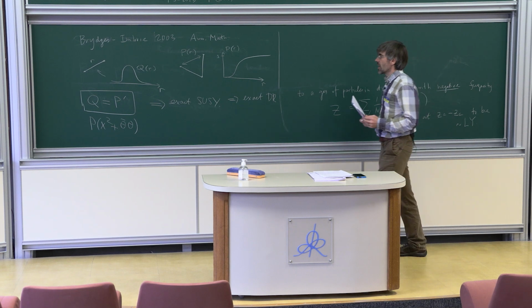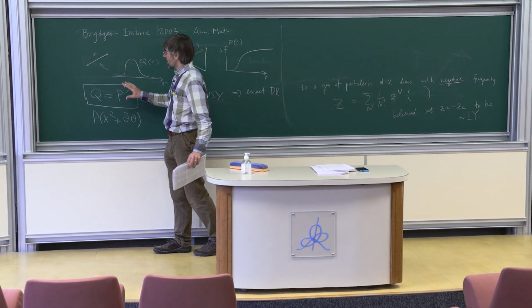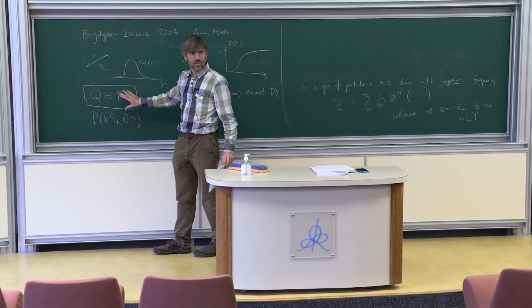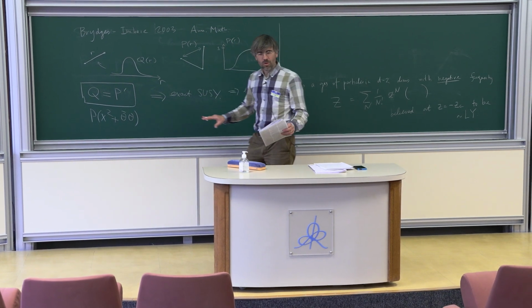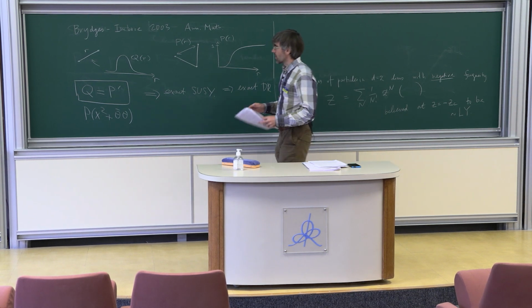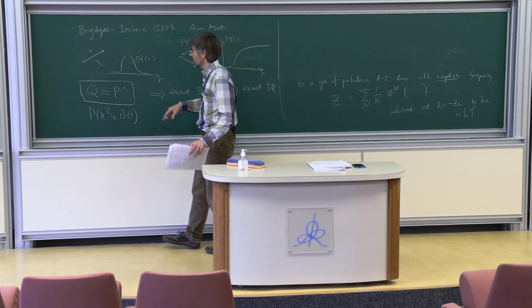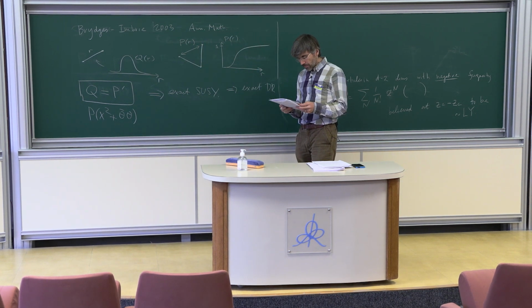And the result of Bridges and Imbrie doesn't say anything about what happens if you depart from this relation Q equal P prime. So to say what is happening when you depart from Q equal P prime is completely open, as far as I know, from a mathematical point of view.